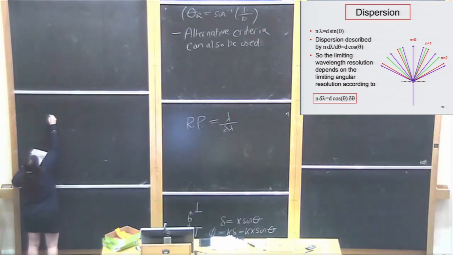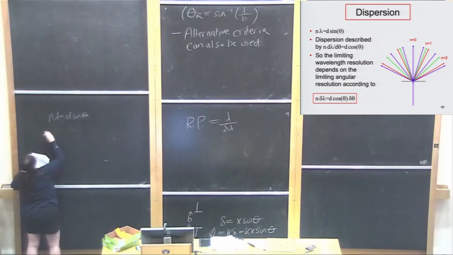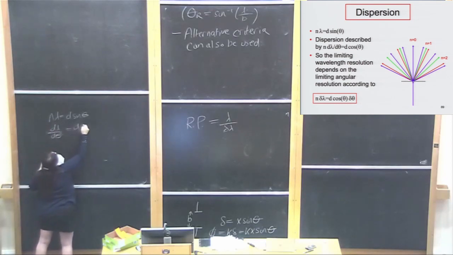Okay, so starting from here, we got d lambda by d theta equals d cos theta over n.